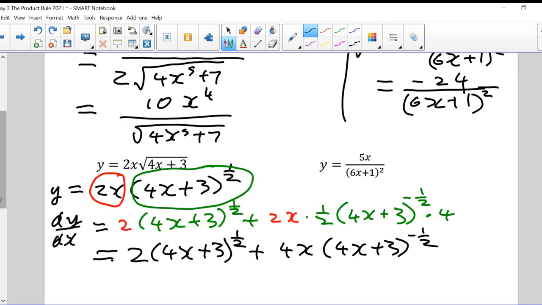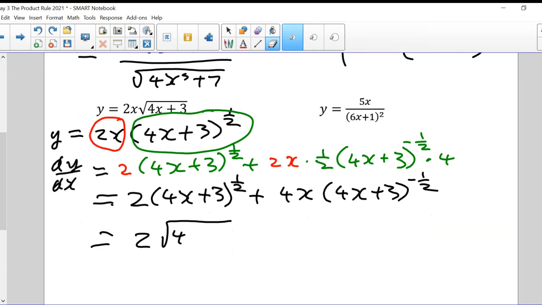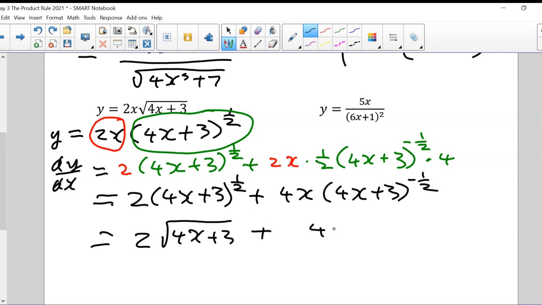And as I've been saying, I think the better way to write this would be 2 times the square root of 4x plus 3, and then plus the 4x over the square root of 4x plus 3. Okay, I put the square roots back as square roots.